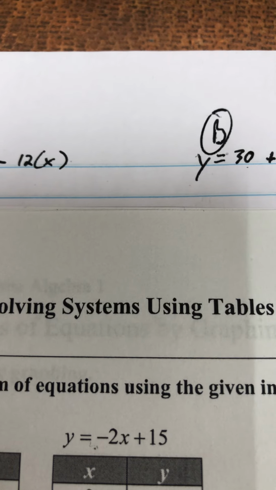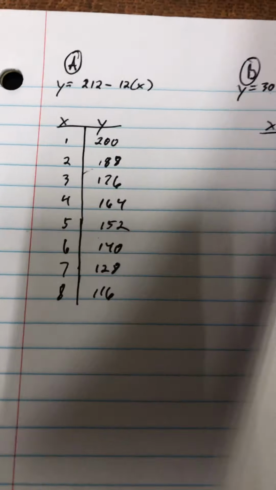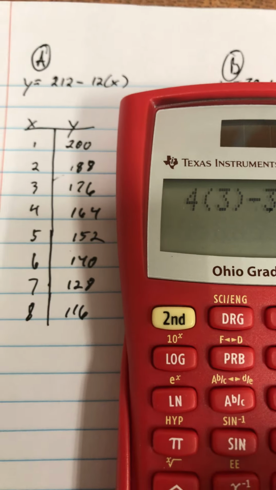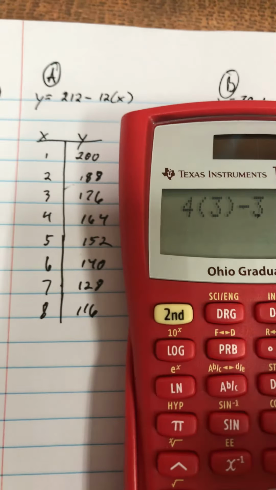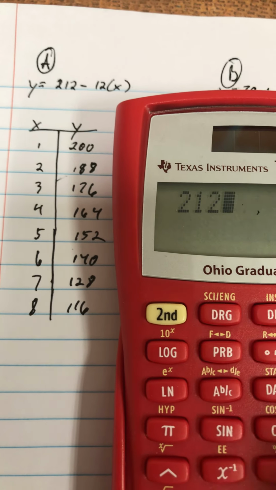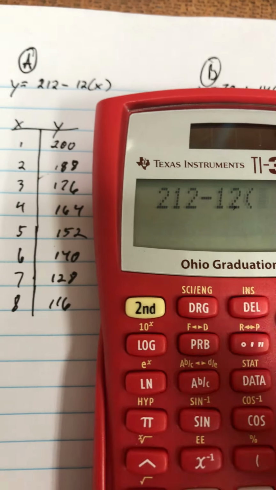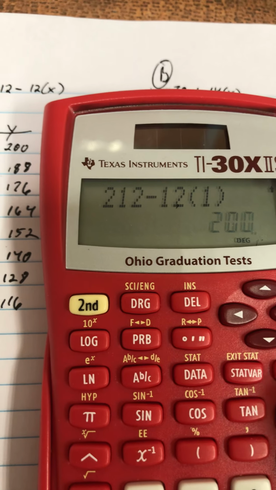And then C, make input-output tables. So here are my input-output tables. And this is where that whole calculator thing came in handy. Let me clear this. So 212 minus 12, and then I put my 1 in there. I hit equals.